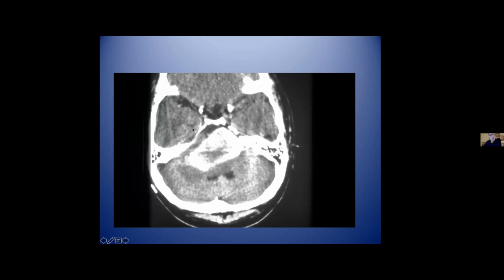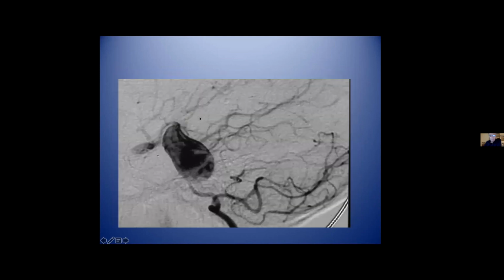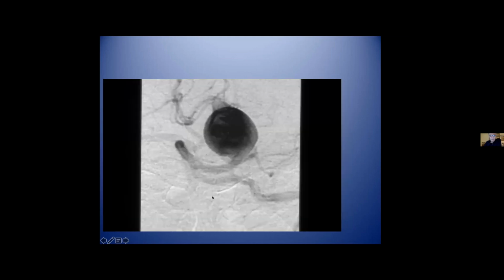This is the carotid aneurysm close. This is the basilar aneurysm in this patient. This is the carotid close. This is the posterior communicant artery. This is the AP view.